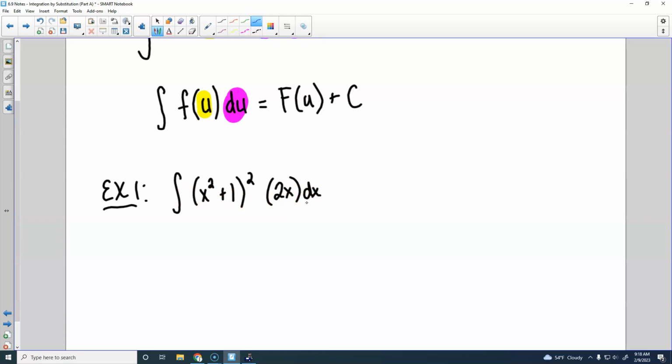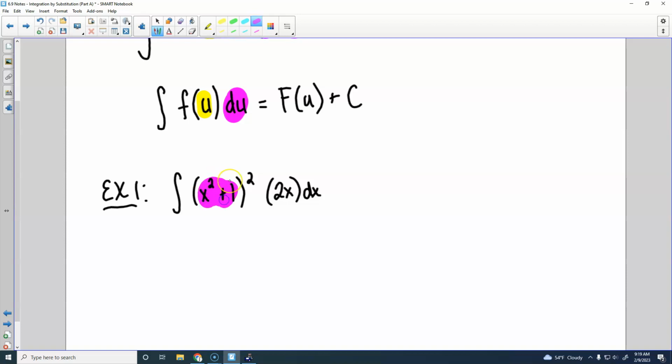And we're going to get into some that have to be done using U substitution. So U substitution is going to look like this. What we're looking for is what the inside part of the function is. So we want to find what would have been the inside part of the original function. What part looks like an inside part? Something maybe raised to a power.